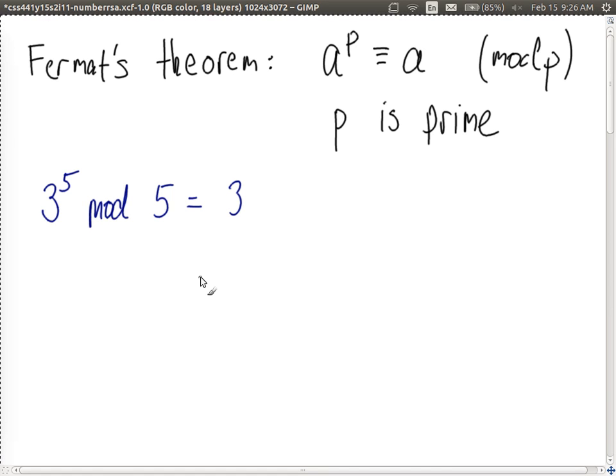What's the answer? A very, very large number, because you raise to the power, then you multiply many, many times, and the answer gets very, very long. Long enough that your computer cannot calculate. But if we have it in the form of Fermat's theorem, we can find the answer from the theorem. We don't need to calculate it.